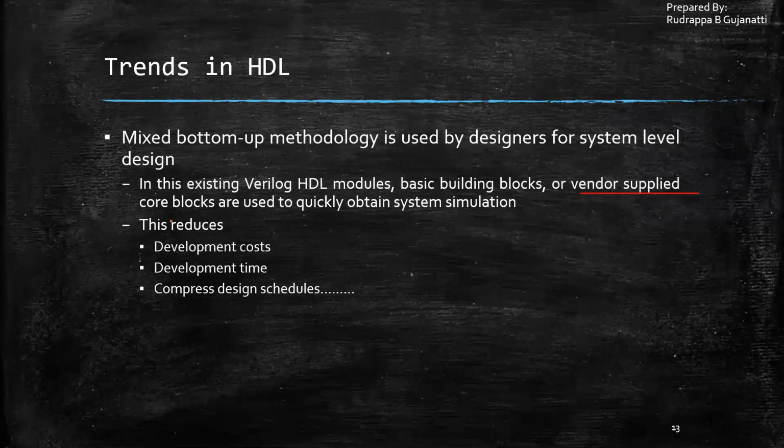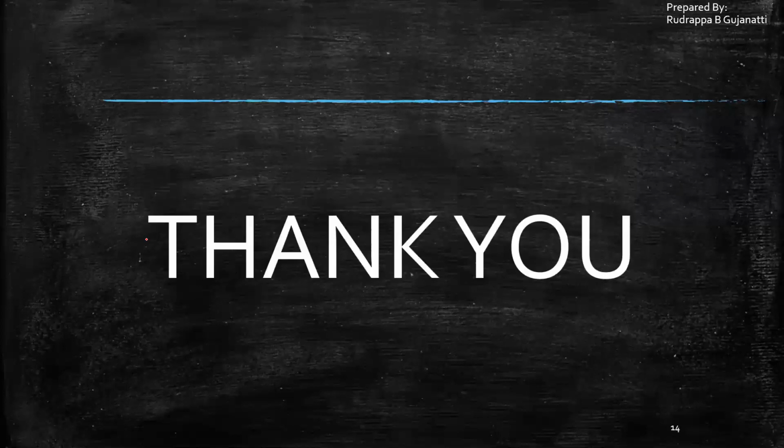And if the vendor is providing his library files, then it naturally reduces all these things. So no need for me to take care of those libraries or implement those libraries. Those kinds of things we can check out in HDL. So this is all for the overview of the design flow.